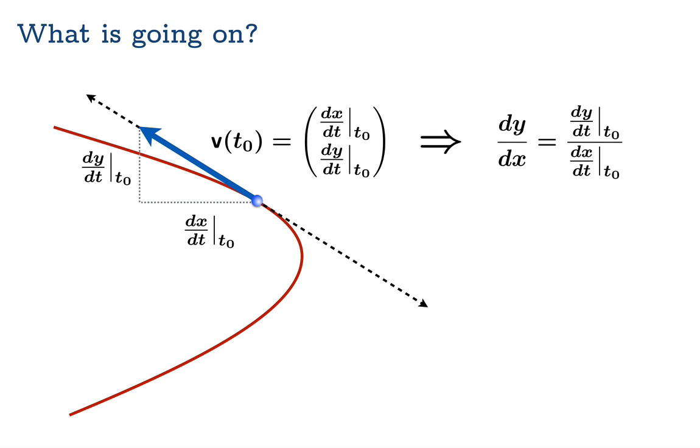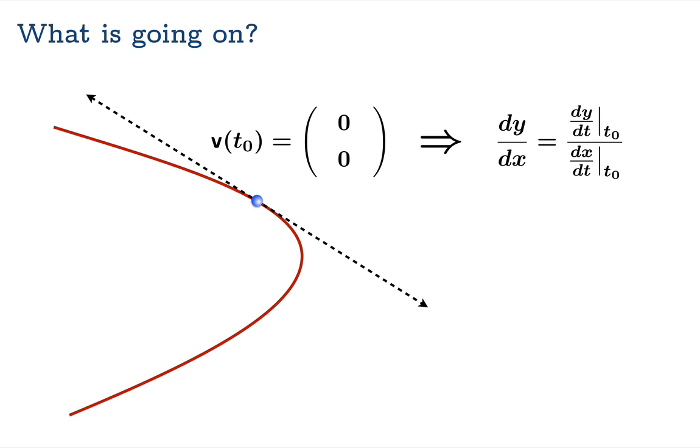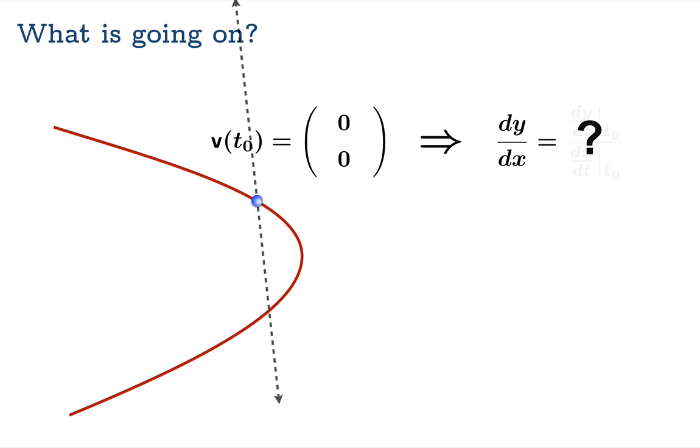But what happens if that velocity goes to 0? In other words, what happens if the particle happens to pause momentarily at that time t equals 0? If the vector goes to 0, then there's nothing left to hang your hat on. The ability to calculate a slope from this kind of scenario, it's impossible.